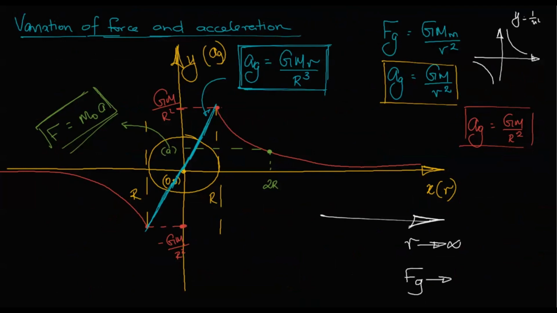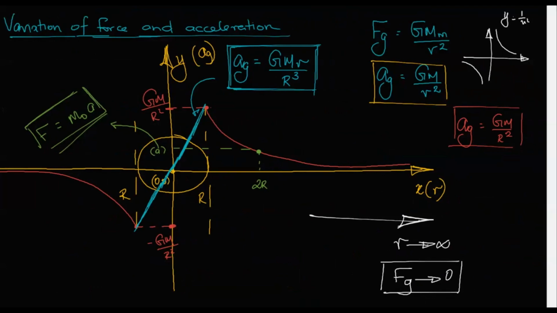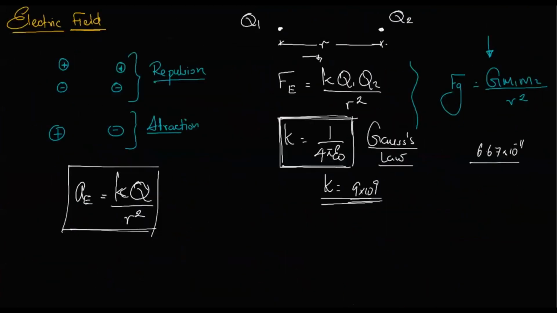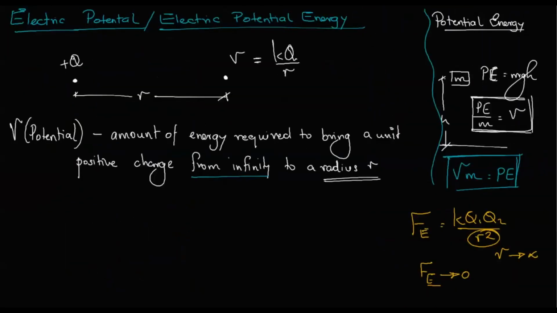It is force due to the gravity, but it is the same thing because the graph is the same, and it would be the same graph if you try and draw for electric field force or electric field strength. So at infinity, we do not have any electric field force. So there is no influence of the plus q charge or minus q charge or whatever the charge that we are talking about at infinity.